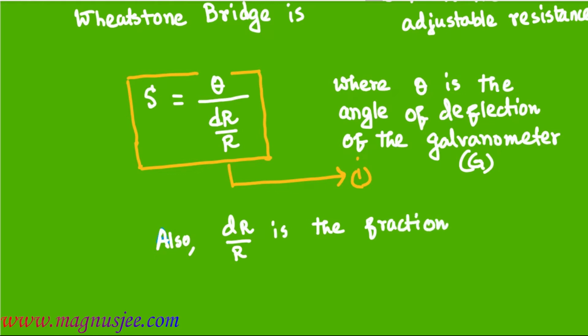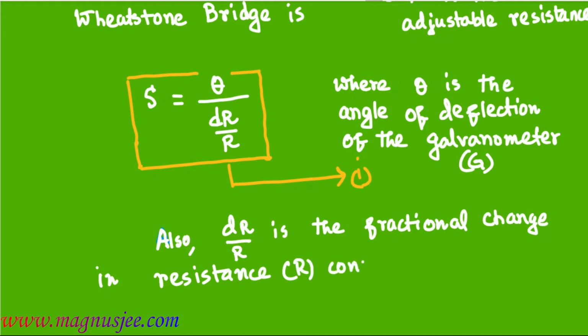Also dR by R is the fractional change in resistance of Wheatstone Bridge. Fractional change in resistance R connected between the 2 points A and B in the Wheatstone Bridge.